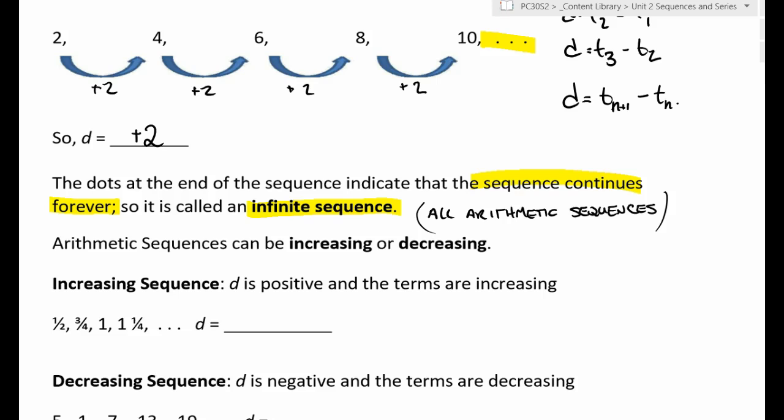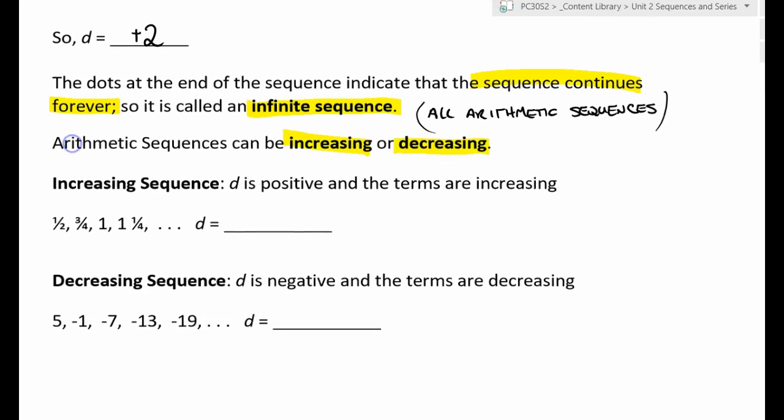This particular sequence is known as an increasing sequence. It's going up, but it can also be decreasing, going downward. An increasing sequence, like we saw here, is where our d value is positive. In this case, we are adding a quarter every time. Again, I can figure that out by looking at the difference between any two terms.